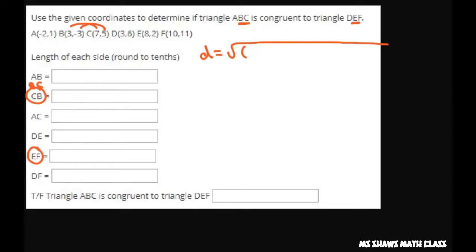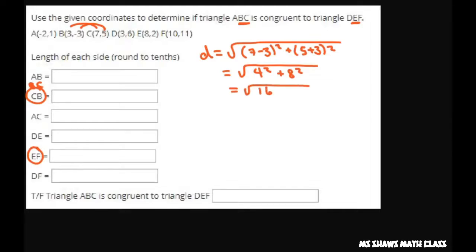So that's going to be 7 minus 3 plus 5 minus the negative 3, which is 5 plus 3. All right, so that equals square root of 4 squared plus 8 squared, which equals the square root of 16 plus 64, which equals the square root of 80.